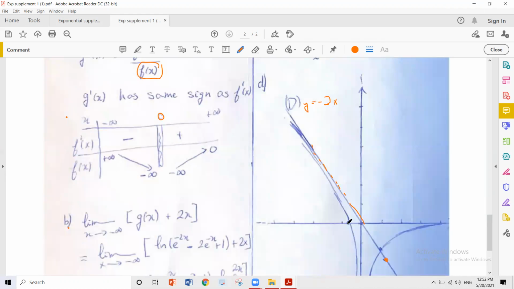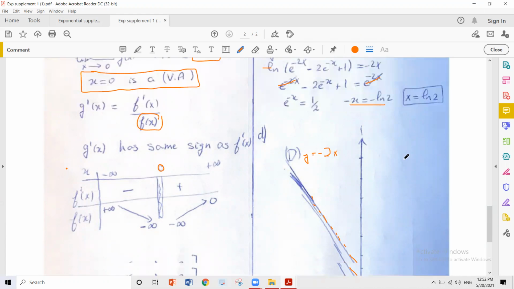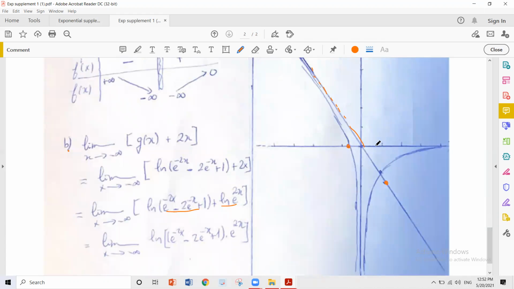This is the point minus ln 2. We also found the intersection with the line minus 2x, where x equals ln 2, so the point is ln 2, minus 2 ln 2. Ln 2 is 0.7, so minus 1.4. This is the point of intersection of the curve with the oblique asymptote. What are the coordinates of this point, teacher? This is ln 2, which is 0.7, and minus 2 ln 2, which is minus 1.4.